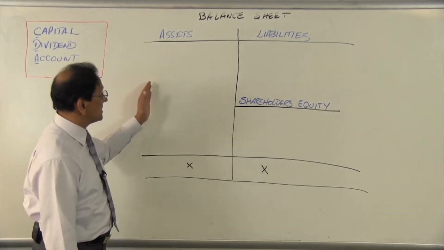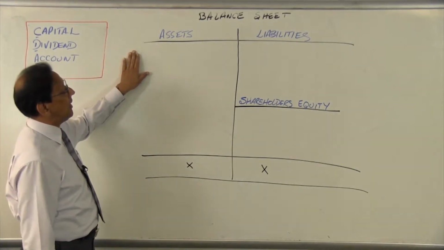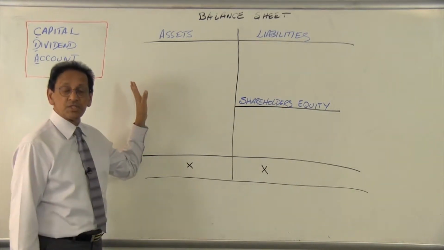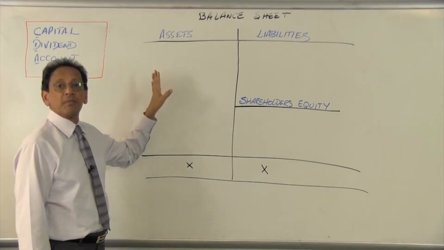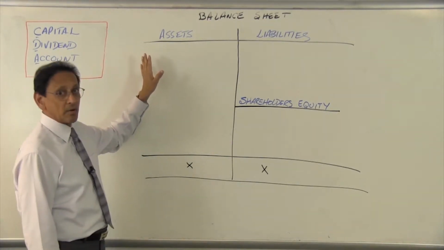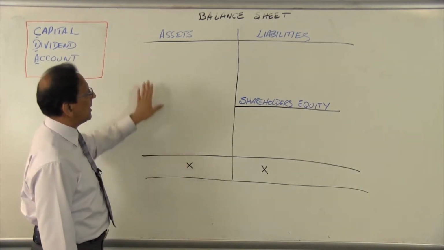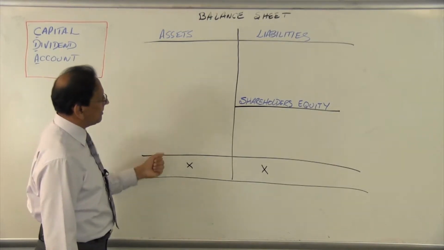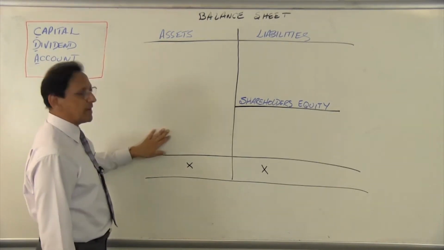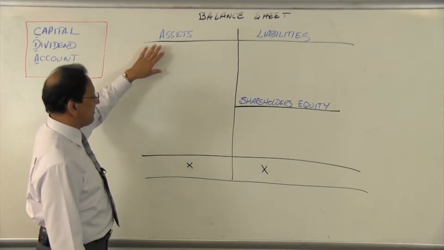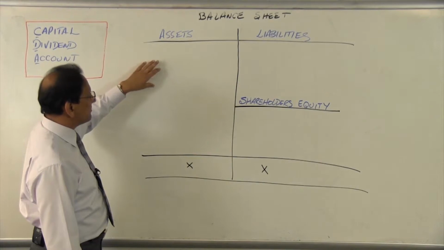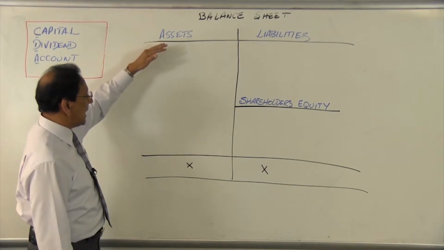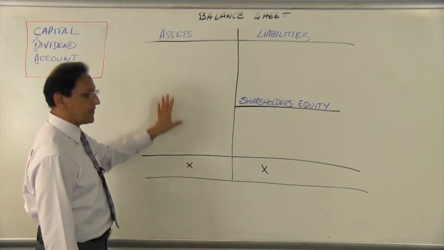So this is a copy of a balance sheet for a company. For the accountants in the group, this is going to be baby stuff. But for those of us that don't have an accounting background, this is a picture of the balance sheet of a company. In a normal balance sheet, on the left-hand side, we have the assets of the company. The company may have a bank account, inventory, a building, cars and trucks, and all the different assets are identified on the left-hand side.